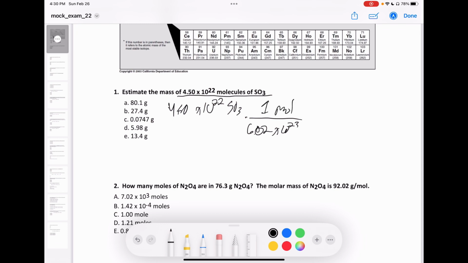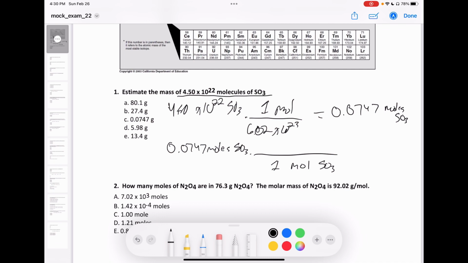1 mole, and it just so happens that this number is 0.0747 moles of SO3. And then the question is asking for mass, so to go from moles to mass, you multiply by the molar mass. So 0.0747 times 1 mole SO3.